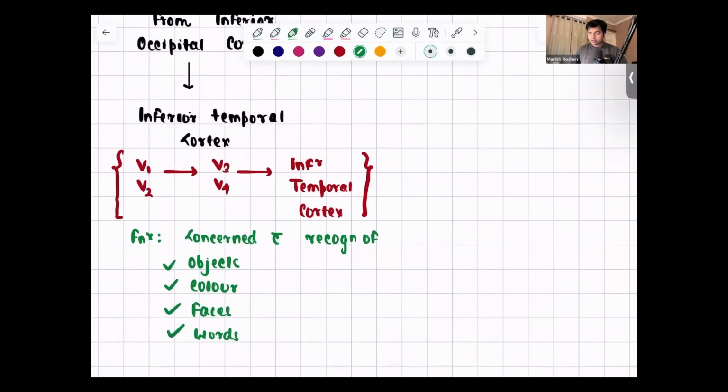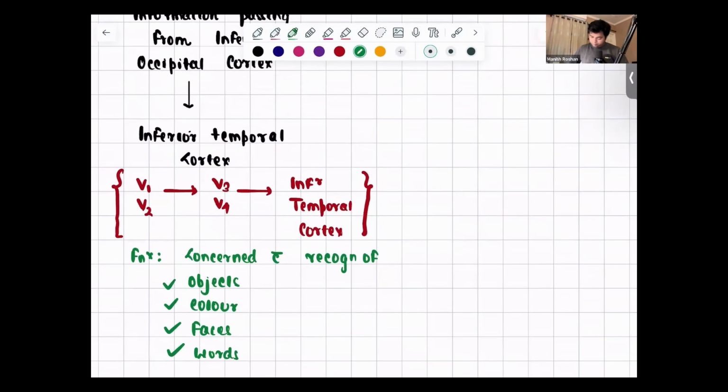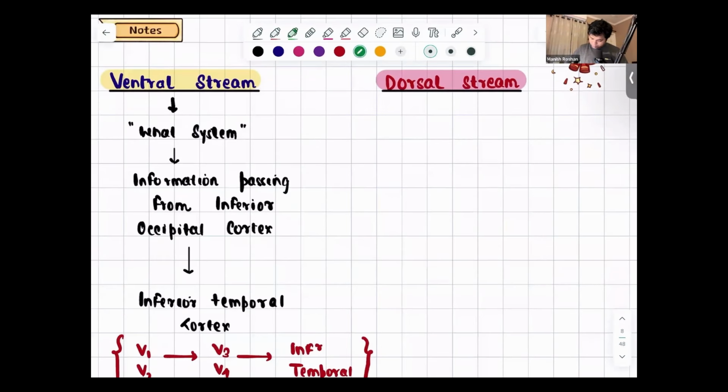Now let's look into the dorsal system. The dorsal stream is called the where system.